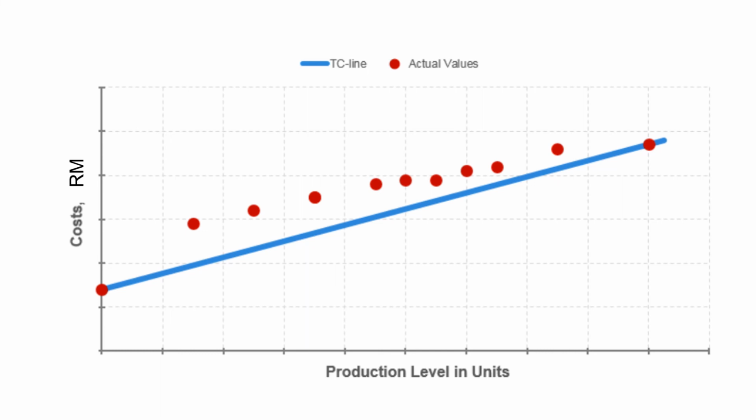However, there are a few other dots outside of the straight line, and this indicates the actual values, meaning the values that are incurred for each of the production level. So these are the limitation of the straight line of the high-low method.